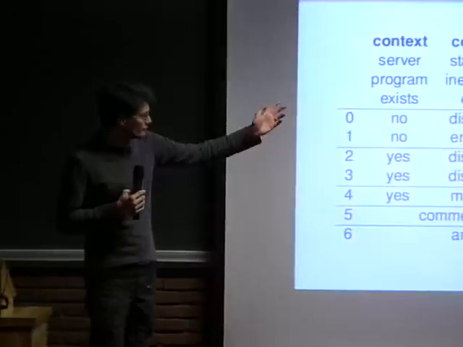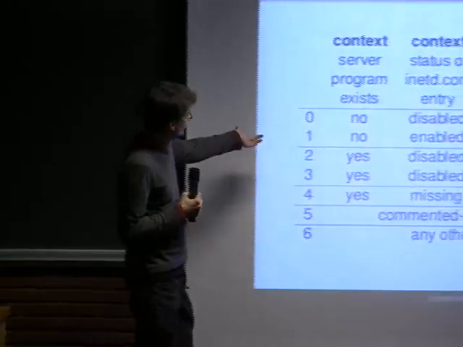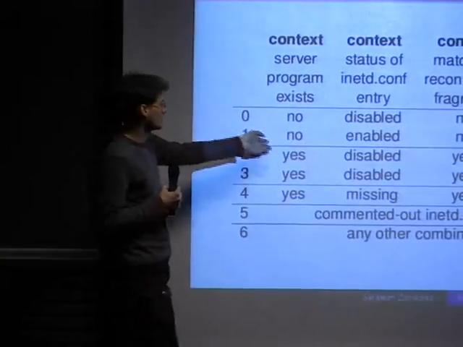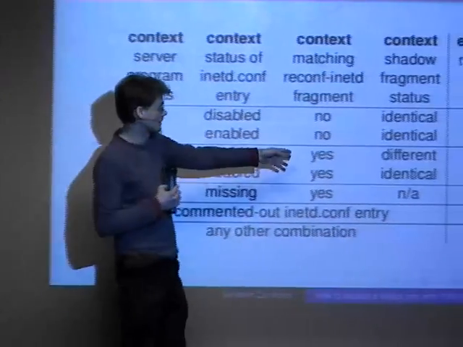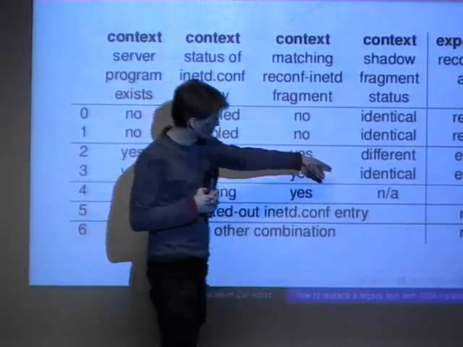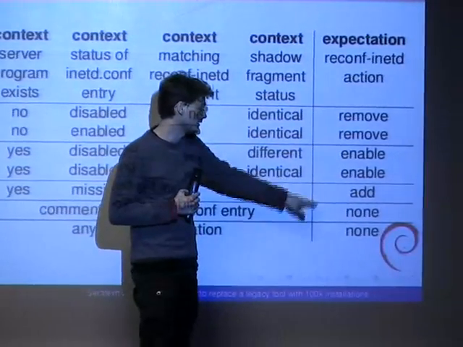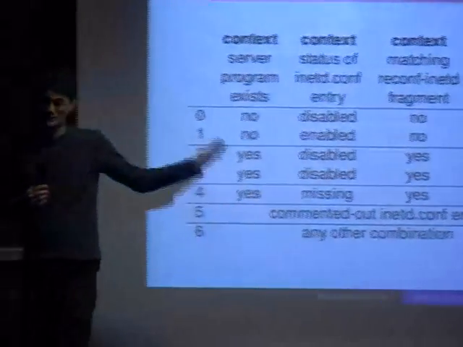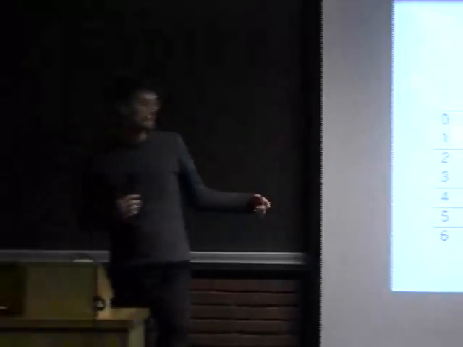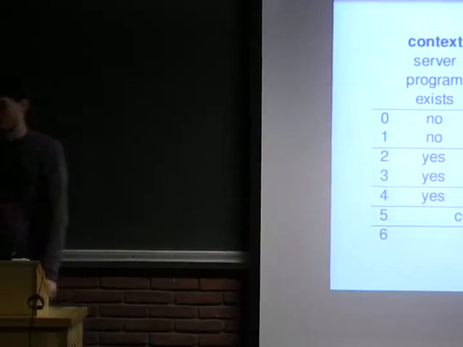So reconf-inetd edits a configuration file, so depending on whether a file exists somewhere, whether the entry is there, and what's the status of the entry, whether there are some other files in other directories, it will remove an entry from the file, it will enable an entry, add an entry, or do nothing. So it's that simple, but having it there is very useful for people to look at it and understand what it's about.